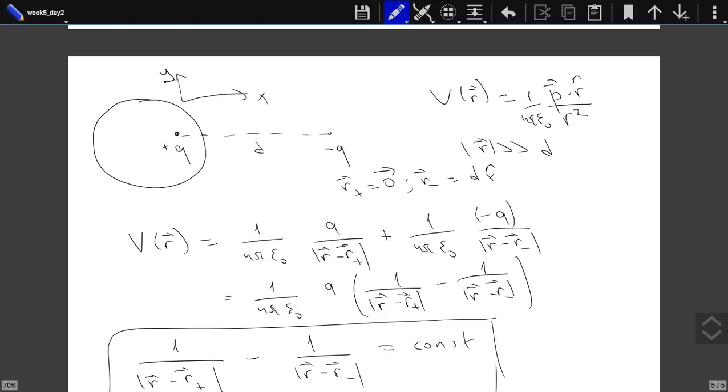And I know that I can just rotate my system around this axis. So if I can identify one point on the xy plane, if I just rotate it around, all those points satisfy the same property. So I don't really need to look for x, y, z coordinates, but it's enough for me to look at the x and the y coordinates. Let me not complicate with the z.